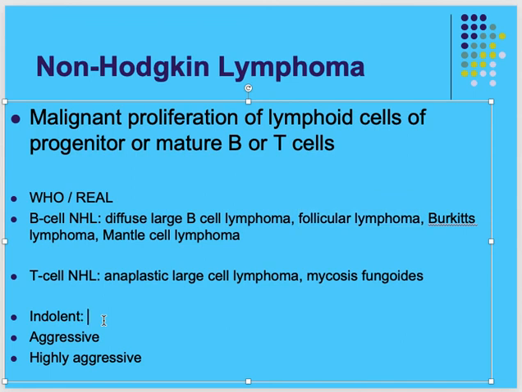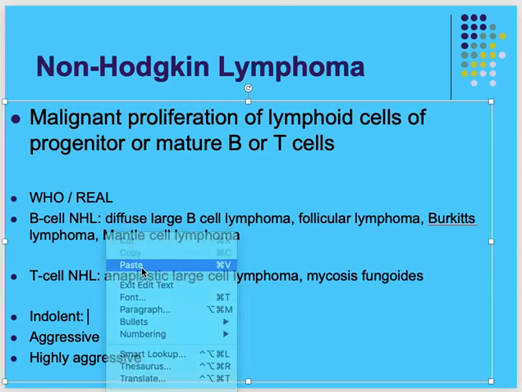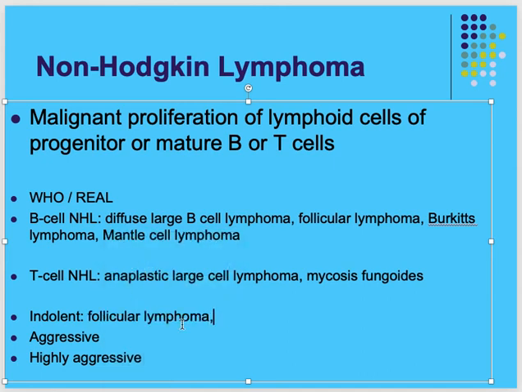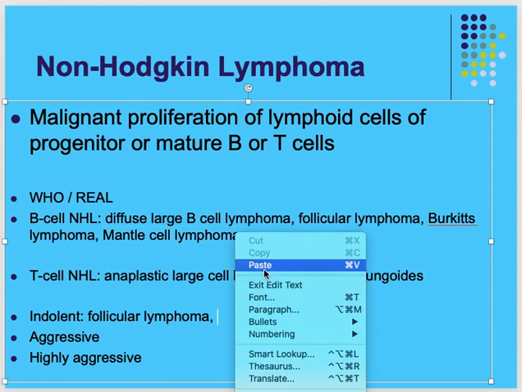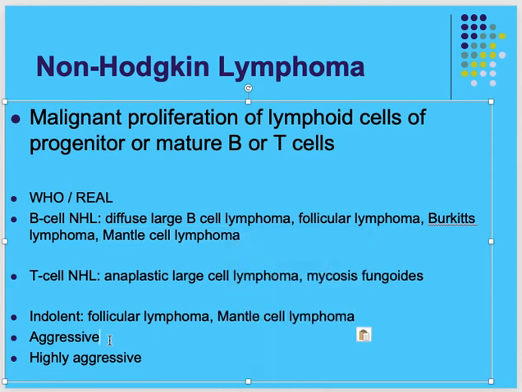These are patients who do not have an aggressive type of lymphoma. Mantle cell lymphoma is also an example of this indolent group, because it again is not an aggressive type of non-Hodgkin lymphoma.